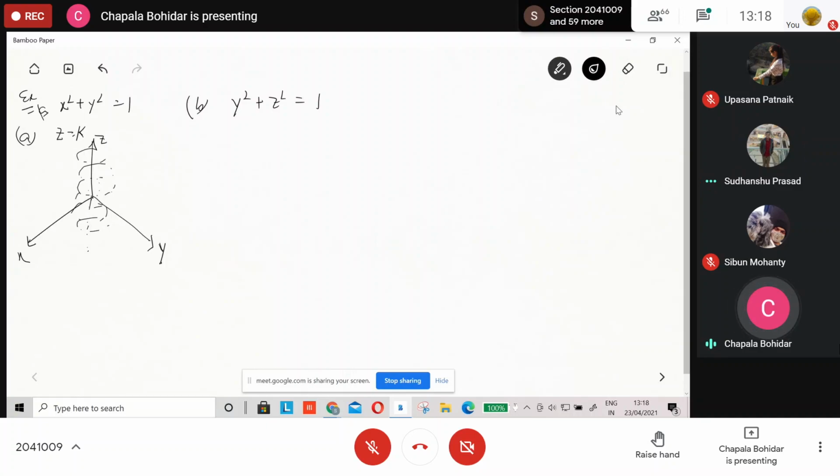Where the axis is our z axis. So what do they form? Cylinder. It is a cylinder.